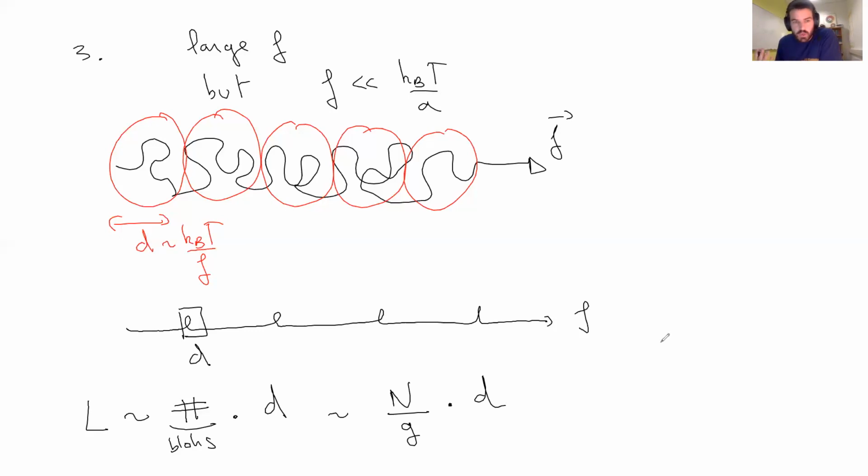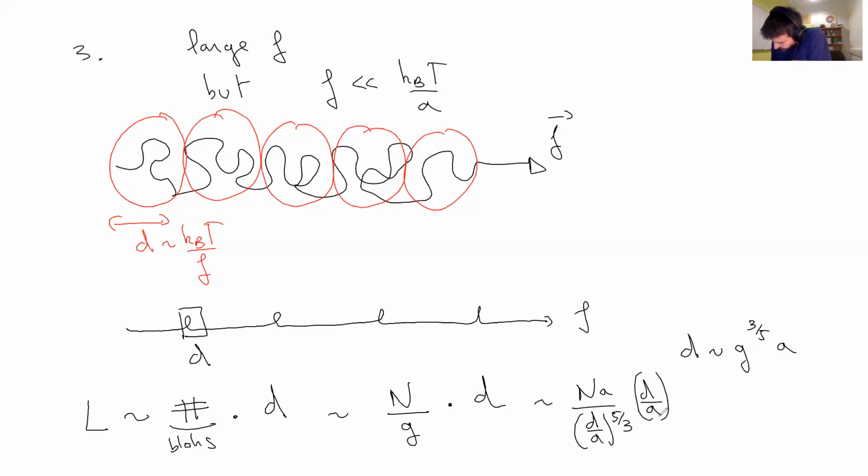Inside the blob, you have the Flory behavior, so D should be g to the 3/5 times a. So it says that I have g, which is D over a to the 5/3, times D to the 3/3, if you wish. Okay, so I can simply multiply everywhere by a and divide by a.